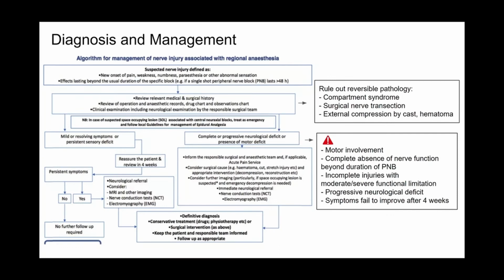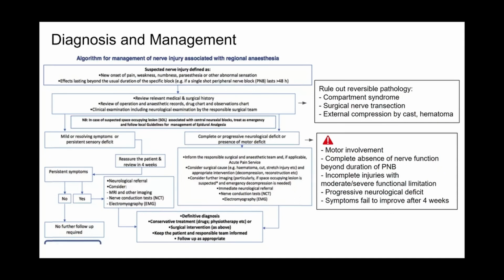When the patient has a new onset of pain, weakness, numbness, paresthesia, or other abnormal sensation, or if the effects last beyond the usual duration of a specific block, which is more than 48 hours, then the patient will normally be referred to the regional team for assessment.